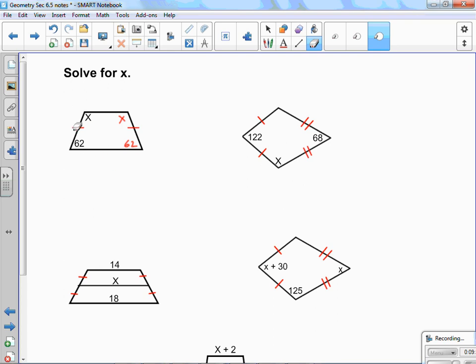And so all four angles together have to add up to 360 degrees, right? Because it is a quadrilateral, and the sum of the angles of a quadrilateral is 360. So you can do x plus x plus 62 plus 62 equals 360. 2x plus 124 equals 360.